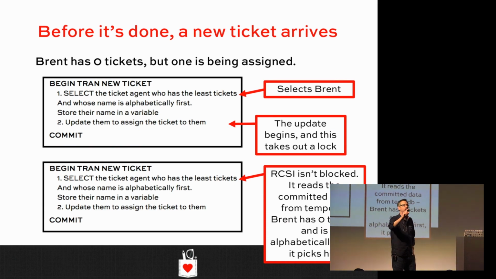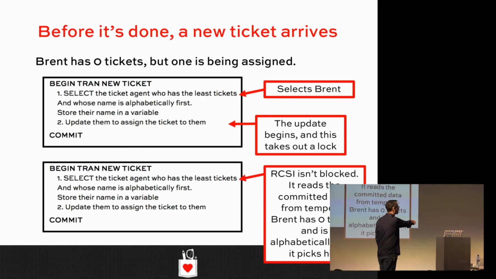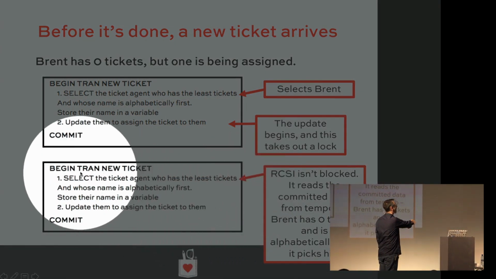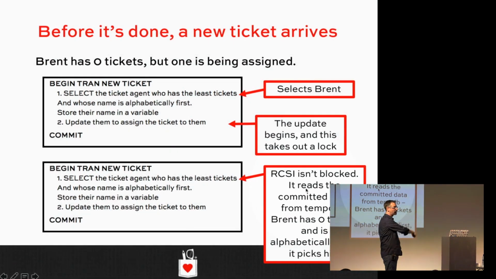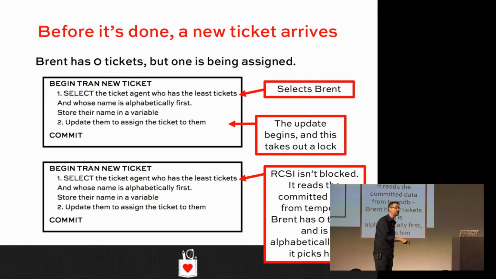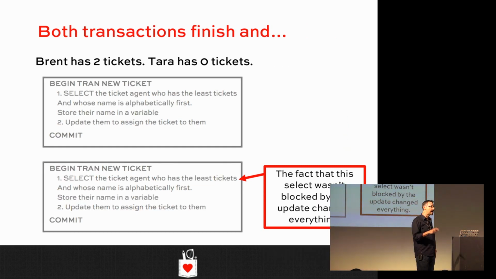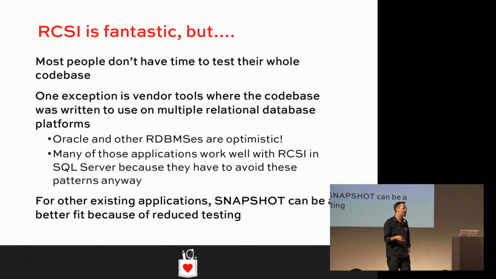When the second procedure starts, it starts by doing a select. He can select my row out of TempDB and see that I don't have any tickets assigned. And then his update starts. So the end result is that now Brent has 2 tickets and Tara does not have any.